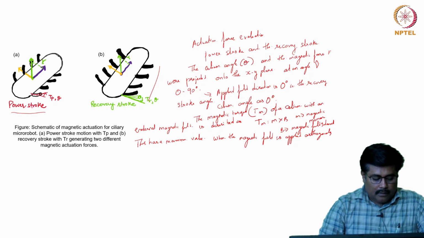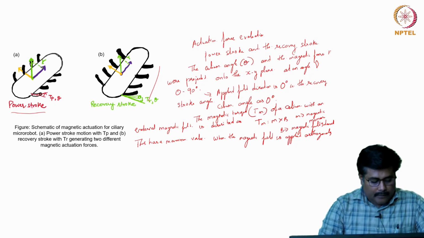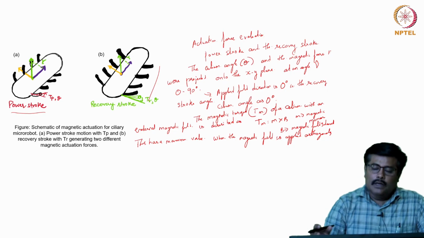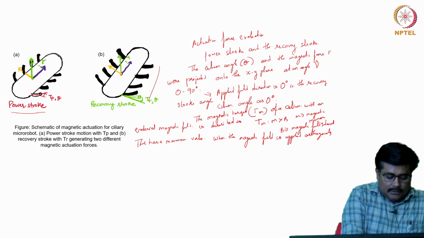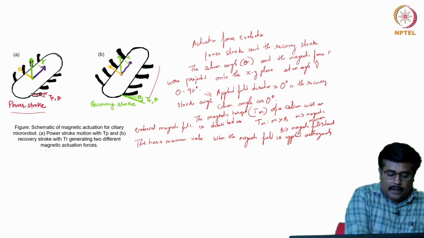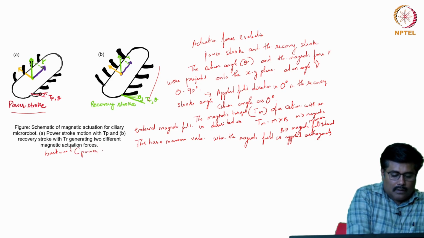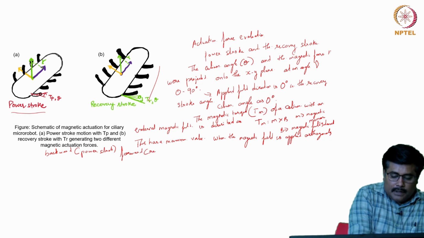So the equation of the magnetic force on the longitudinal axis, we have simplified the duration as two. One is backward, which we call the power stroke, and forward, which we call the recovery stroke.